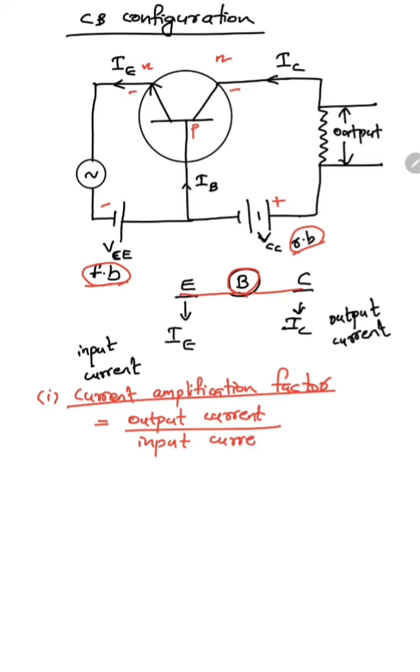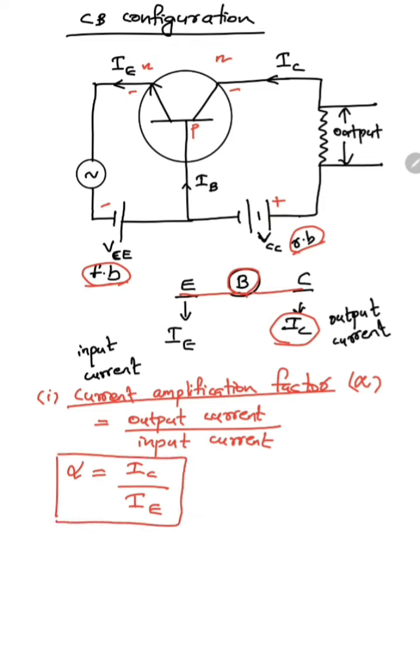In the case of common base configuration, current amplification factor is denoted as alpha. So alpha is equal to output current IC by input current IE. So this is the current amplification factor.